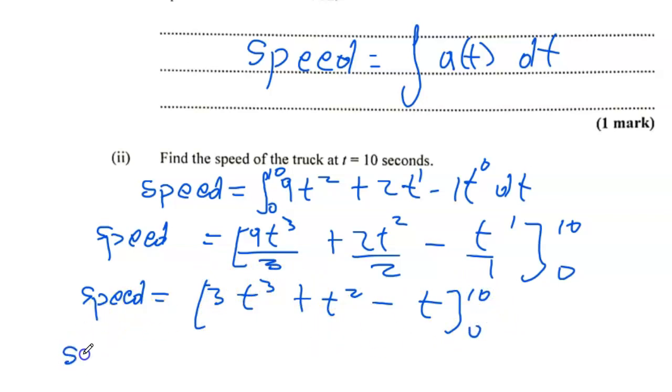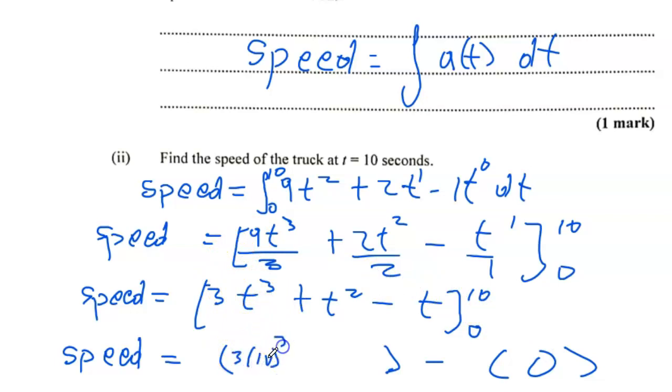So how do we evaluate? We formulate 2 brackets. In one bracket, replace the t with 10. In the other bracket, replace the t with 0. Now, if you check the second bracket, replacing t with 0, the bottom limit, everything will be 0. Replace t with 10, so we have 3 times 10 cubed, plus 10 squared, minus 10.